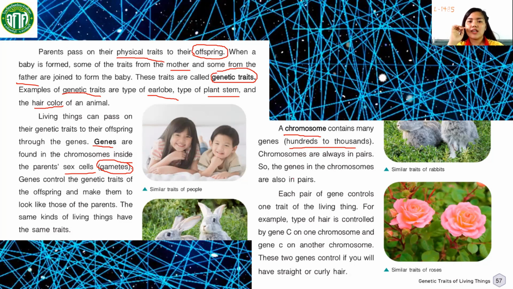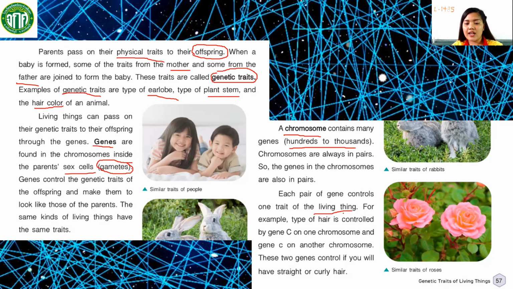Each pair of genes in a chromosome will control one trait of a living thing.